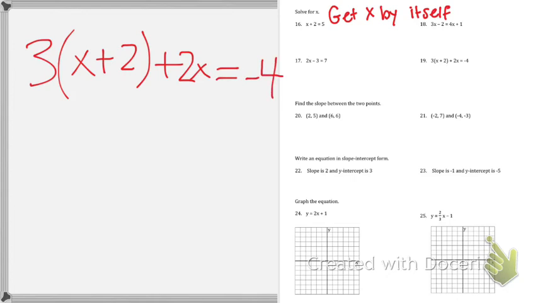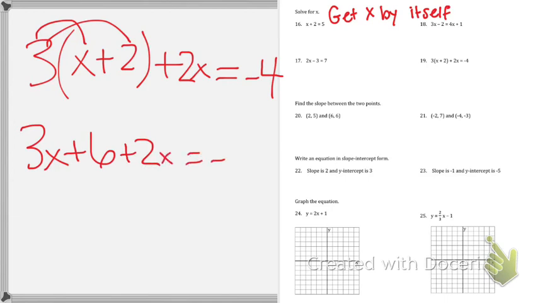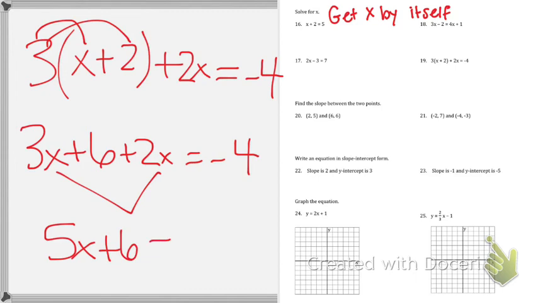Okay, we have to do order of operations first, okay? 3 times x, 3 times 2. Bring down everything we haven't used. Now, we have 2 like terms that we can combine on the left side. 3x and 2x, which leaves us with 5x plus 6 equals -4.